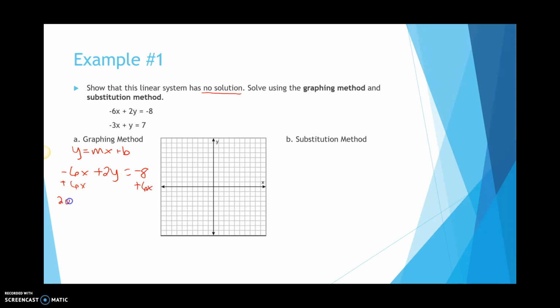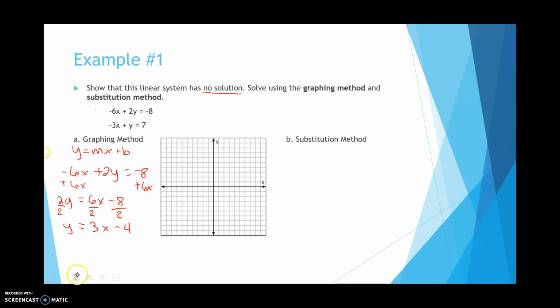So I have 2y equals 6x plus negative 8, or I can just write it as minus 8. Either one works. We need y by itself, so we're going to divide both sides by 2. So y equals 3x minus 4. So that's the first equation.